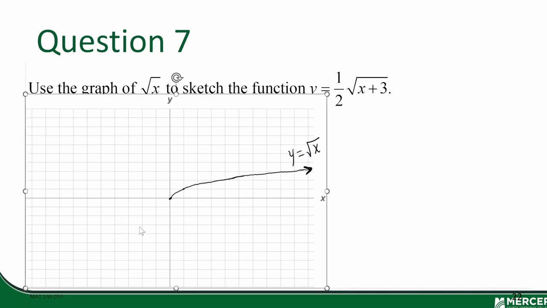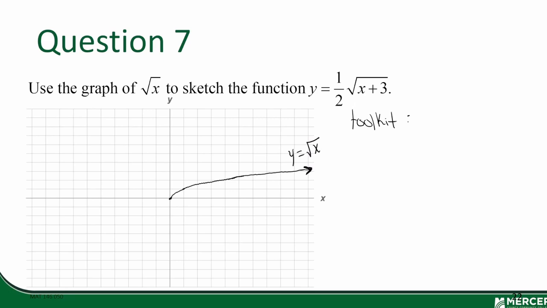So what I have to do then is identify the toolkit, identify the transformations. Can that be a vertical shift of 3 or no?